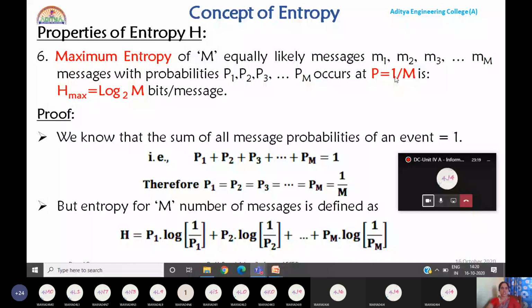So maximum entropy will be log M base 2. Because all the messages are equally likely, their probabilities are equal.